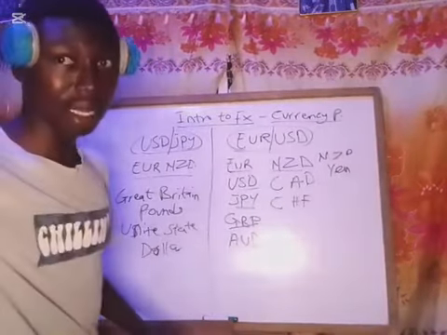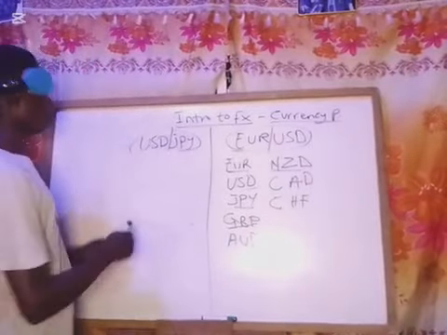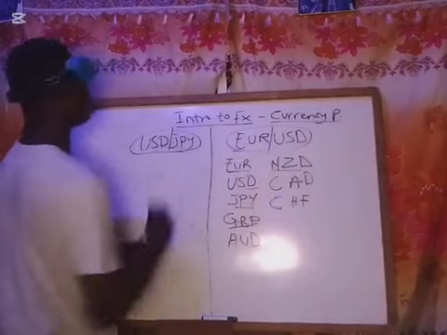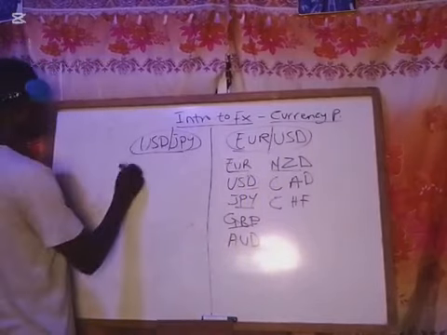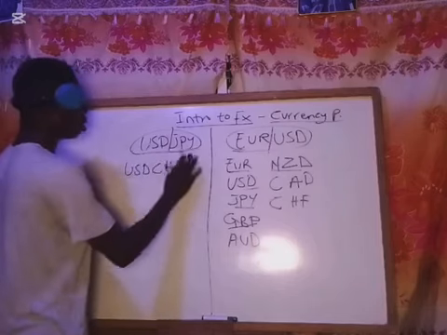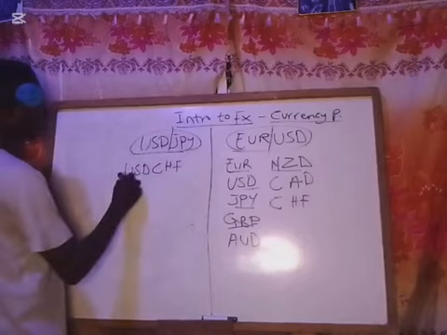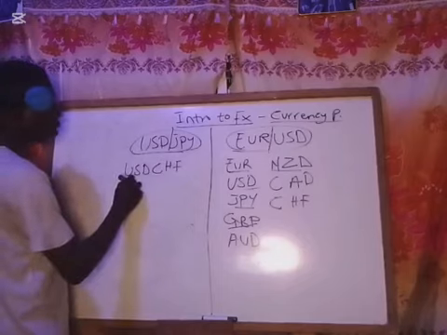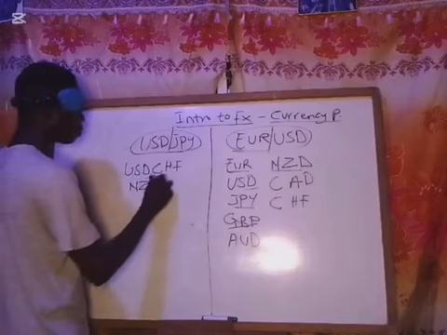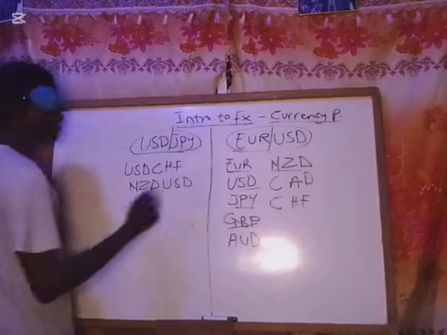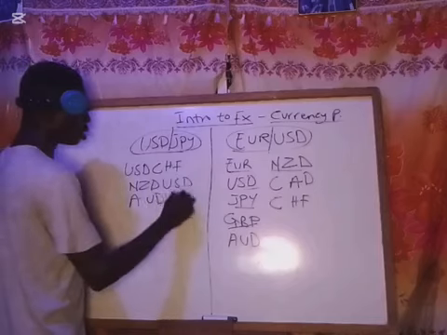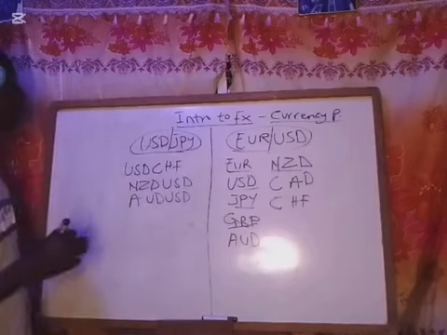For instance, you see a pair like USD JPY, a pair like Euro USD, something like USD CHF, or NZD USD, or AUD USD, or USD AUD, something like this.